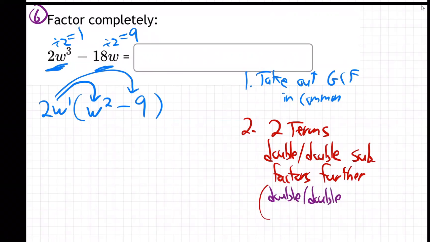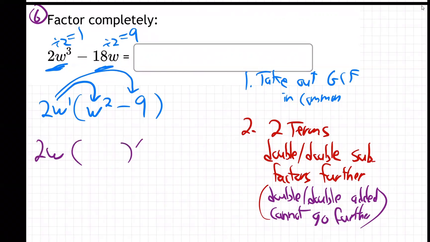Double-double added is done. Double-double added cannot go further. So in other words, if this was a plus, I would be done. I would stop right here. That would be the right answer. But if it's minus, then you can go further.